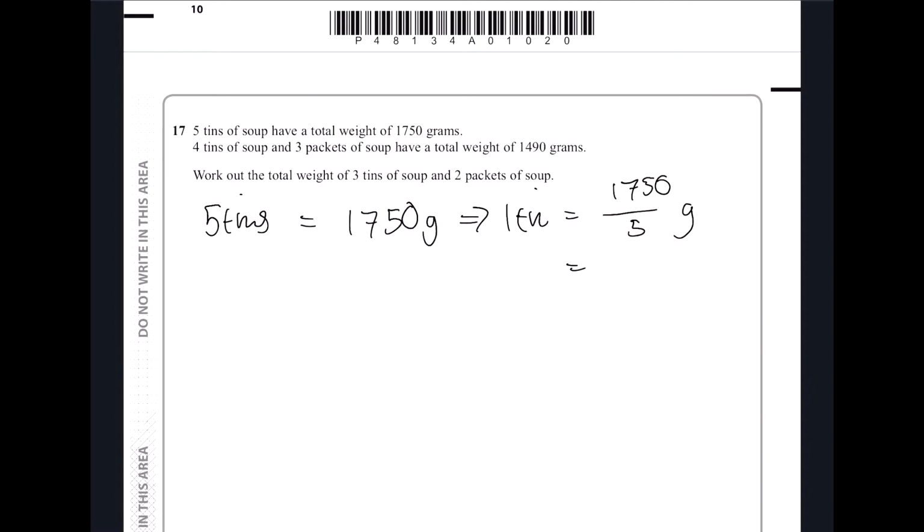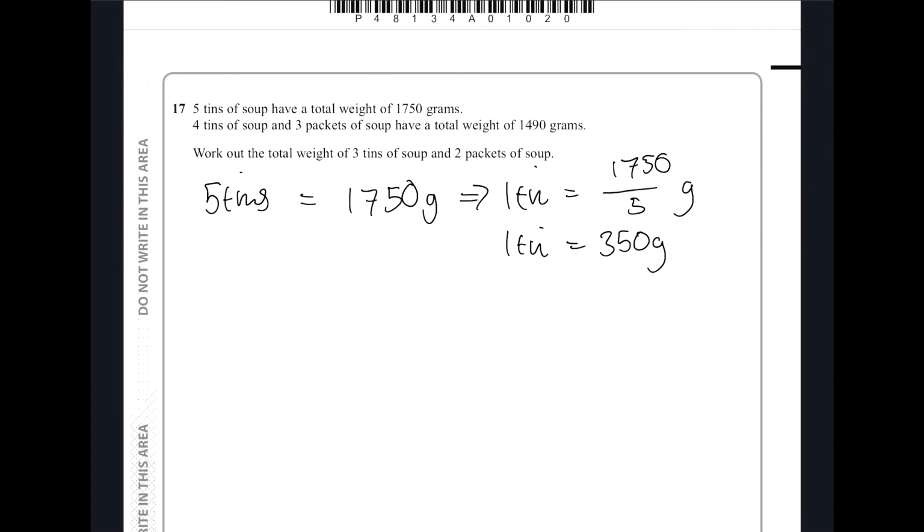So if we do that, 5 into 17 goes 3 times, remainder 2. Then 5 into 25 goes 5 times, and then we carry over the 0, so it's 350 grams. That's what 1 tin is, right? So now that we know that 1 tin is that much, we could put that useful information into this relation that we have here, and then use it to solve what the soups are.